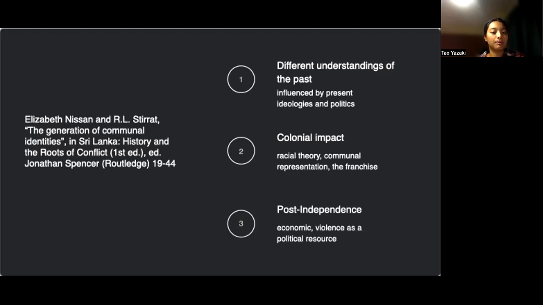And then they also look at post-independence and how due to economic migration and the current political parties, they used violence as a political resource. So they look at Sri Lanka throughout history and see how what's now been used by a lot of people in current Sri Lankan society as two opposing and distinct groups, that it was inevitable for them to get into conflict with each other.